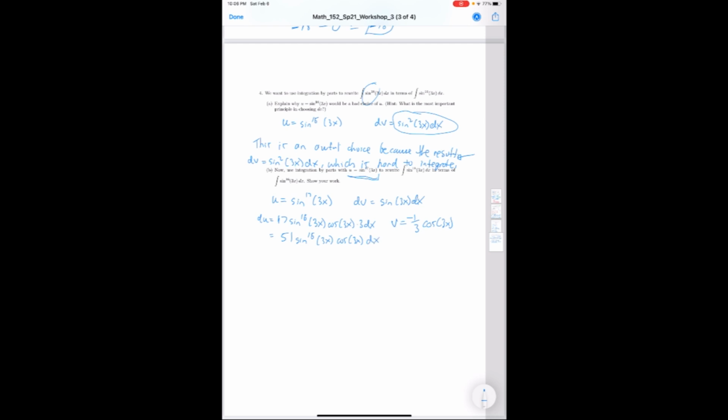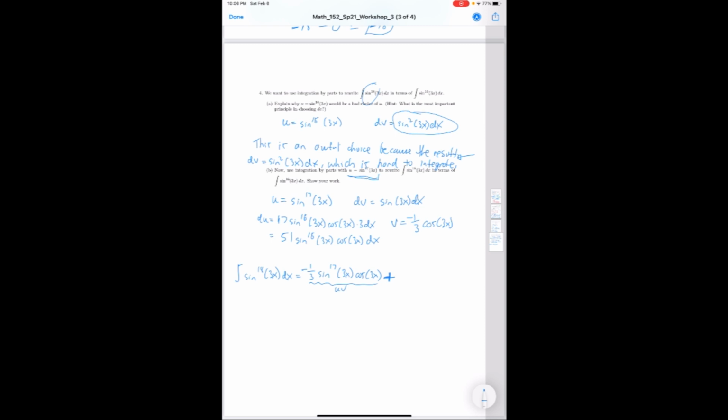Okay, so now we have the integral of sine to the 18th 3x dx is equal to uv, so that's going to be negative 1/3 sine to the 17th 3x cosine 3x. In other words, this is all just uv. And then minus v du. Since the v is a negative number, I'm just going to convert this to plus because I'm subtracting a negative number.